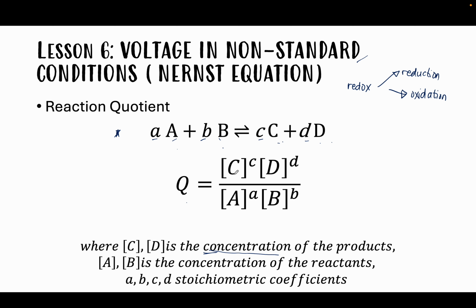Now, the concentration of, say for example, your product C, you raise that to the power of whatever stoichiometric coefficient you have, times the concentration of product D raised to the stoichiometric coefficient, all over the concentration of reactant A raised to its coefficient times reactant B raised to its coefficient.